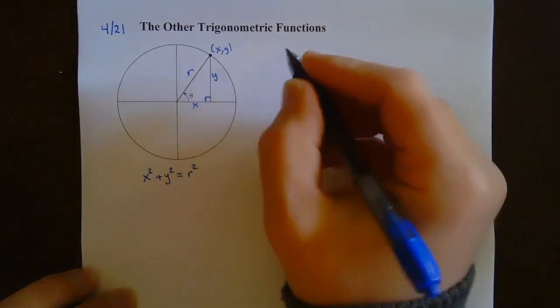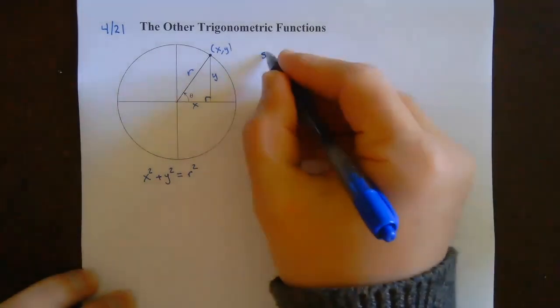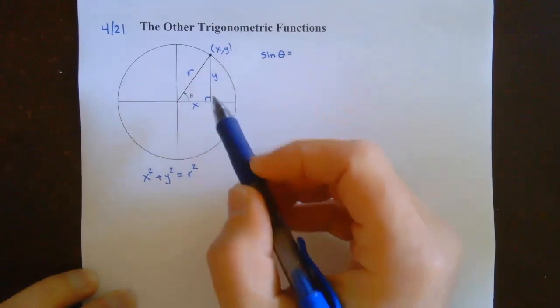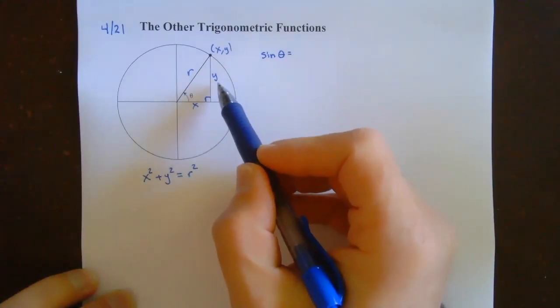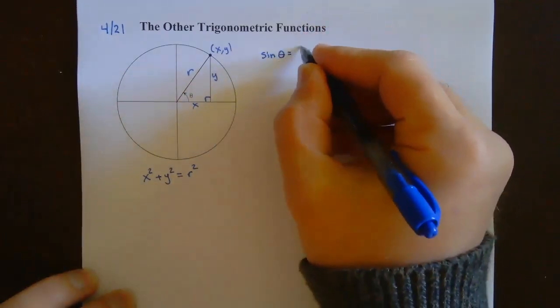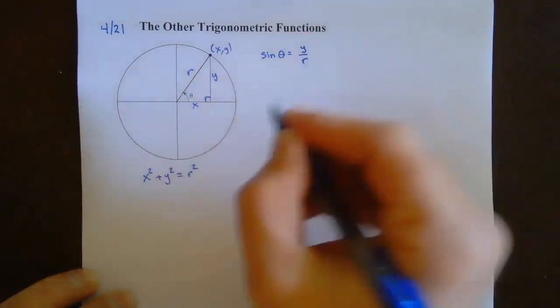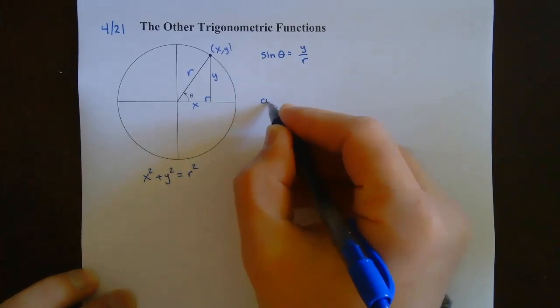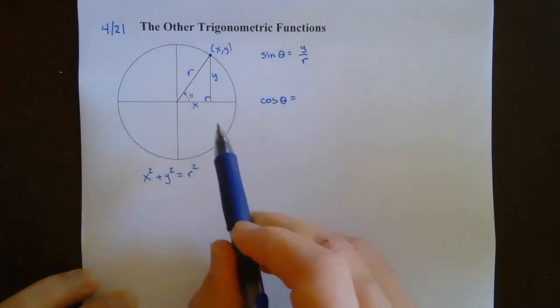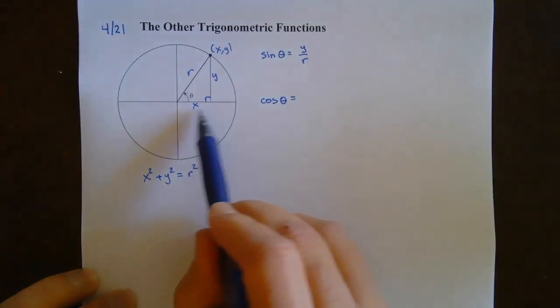And then we also know from yesterday that the sine of angle theta is equal to the opposite, which is now always going to be y, over your hypotenuse, which is r. So y over r, okay? And then cosine of angle theta is the adjacent over the hypotenuse. So in this case, it's always going to be your x now.